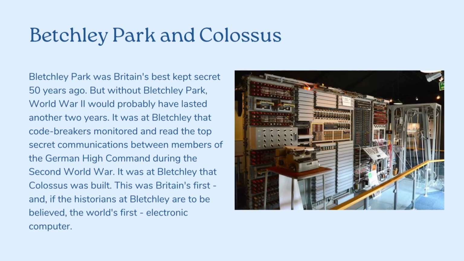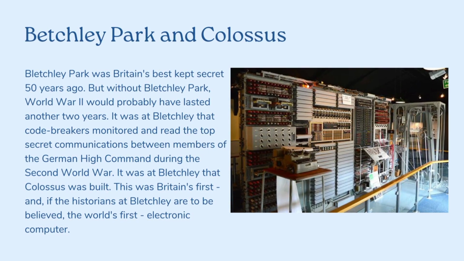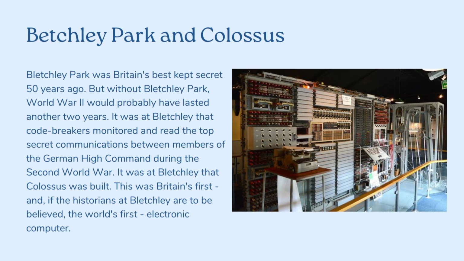Bletchley Park and Colossus. Bletchley Park was Britain's best-kept secret 50 years ago. But without Bletchley Park, World War II would probably have lasted another 2 years. It was at Bletchley that codebreakers monitored and read the top-secret communications between members of the German High Command during the Second World War.